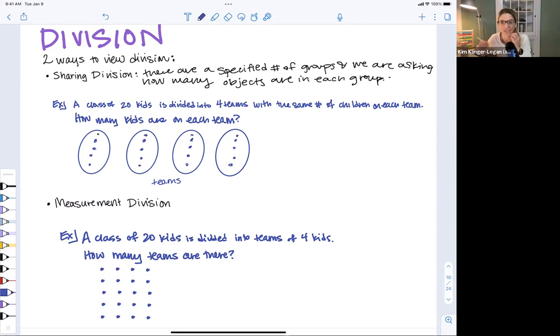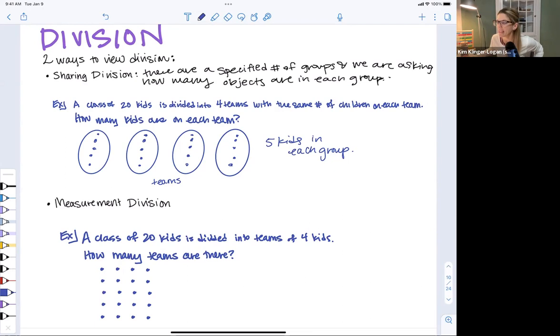I do this until I end with my last child, my 20th child, and I see that there are 5 kids in each group. This is the perspective of sharing division.